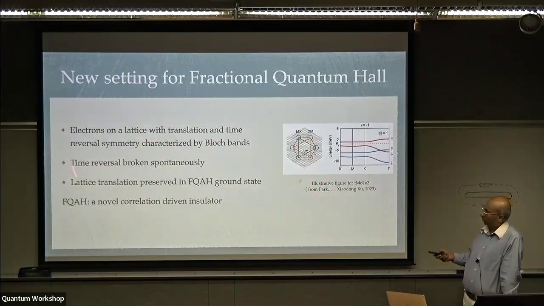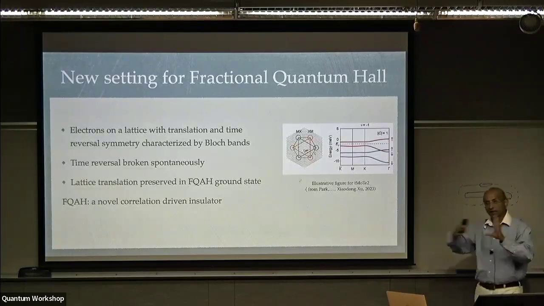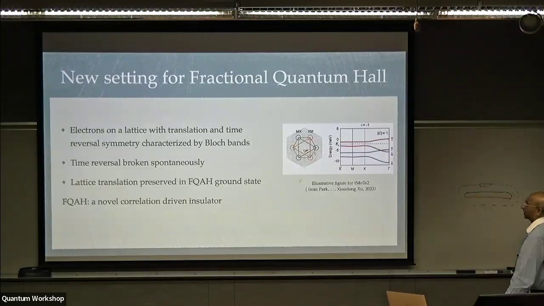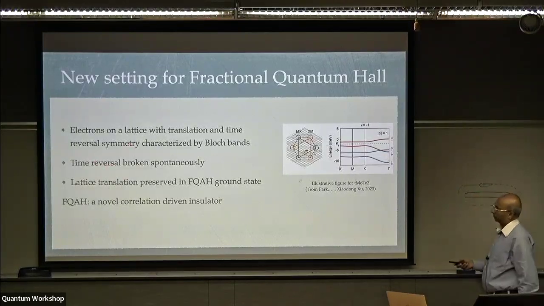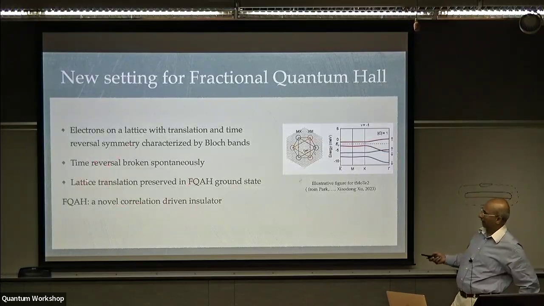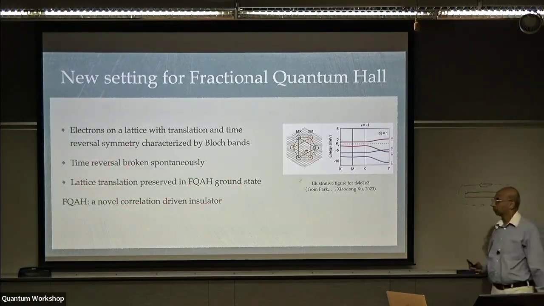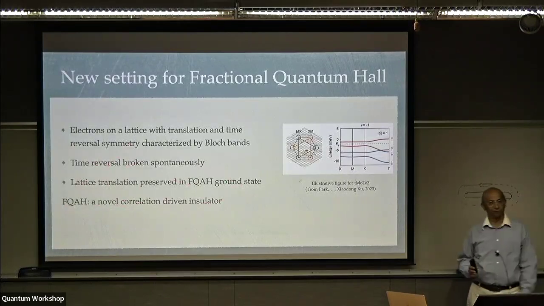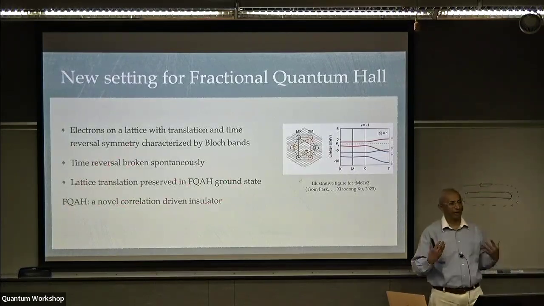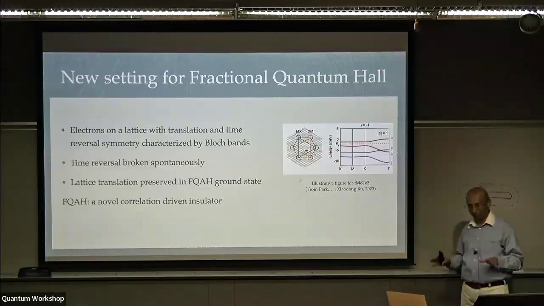The time reversal is broken spontaneously, but the broken time reversal preserves the lattice translation symmetry. You're only breaking time reversal, not the translation. And the expectation, at least based on numerics, is that the lattice translation is preserved in the fractional quantum anomalous Hall state, right? So there's a novel kind of correlation-driven insulator that's very different from any of the other strongly interacting electronic insulators that have been discovered experimentally before.